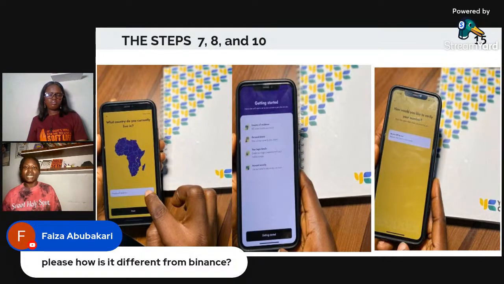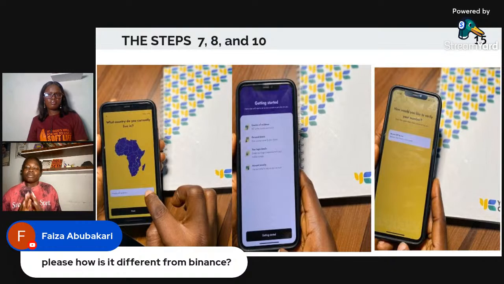So that's the difference. And then all of the coins that are available on Binance, they are not on Yellow Card. Yellow Card has, I think, not up to 50 cryptocurrencies on the platform because they're being very careful. They don't bring scam projects or scam coins. We have over 5,000 different cryptocurrencies, and 70% of them are not even in the limelight anymore.